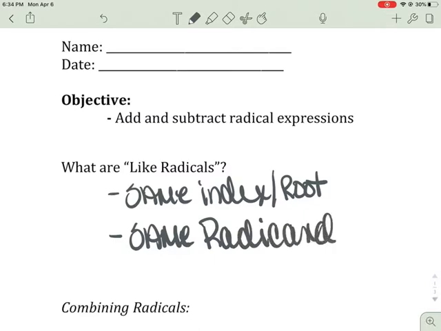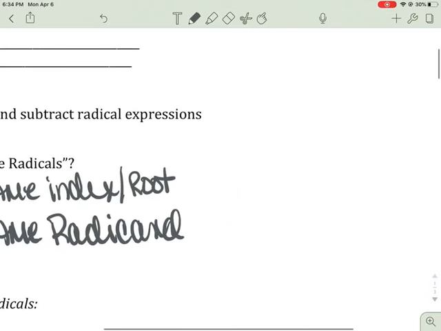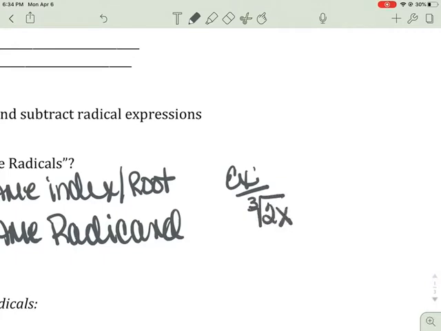Now, if you remember, we defined radicand as the number underneath the radical. So, for example, things like the cube root of 2x and 7 cube roots of 2x are like radicals.